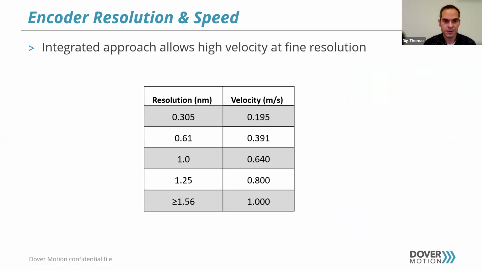So we are actually able to, on our latest platforms, go down to resolution of sub-nanometer, almost roughly 300 picometers, and still maintain a reasonable peak velocity. And once you get up to about 1.5 nanometers and above, we can achieve 1 meter per second. So really being able to have the best of both worlds, this high velocity capability as well as super fine resolution for the high precision, all due to this integration.